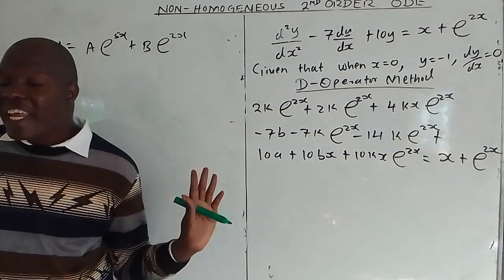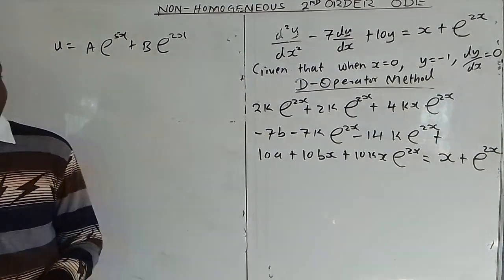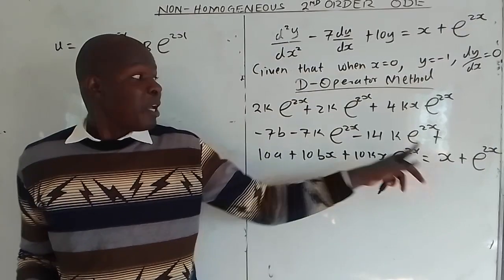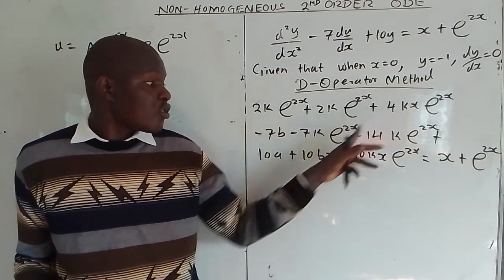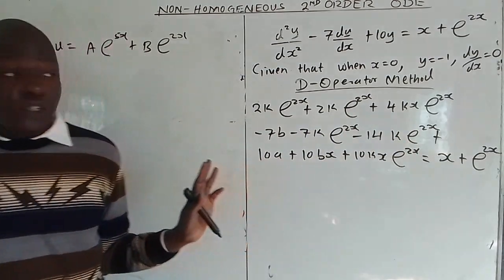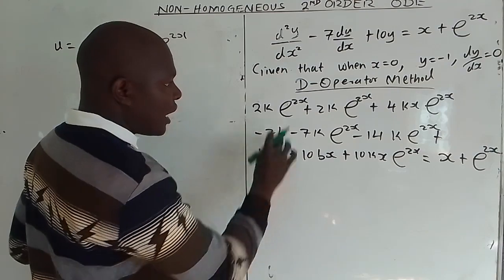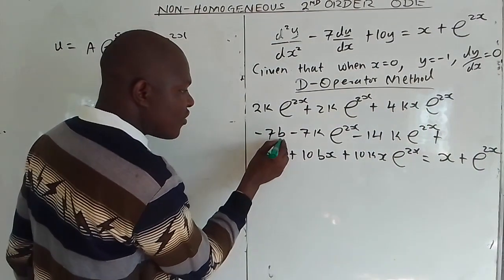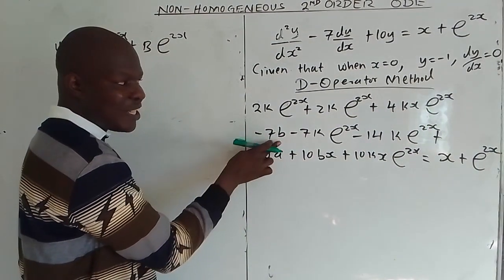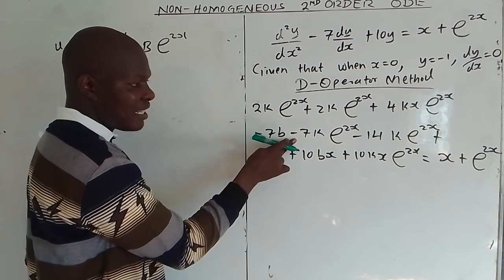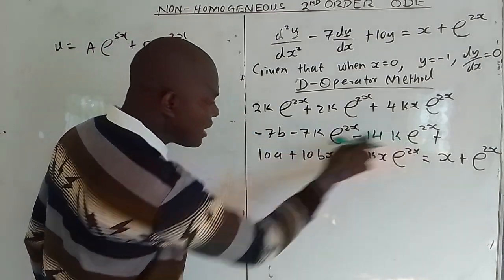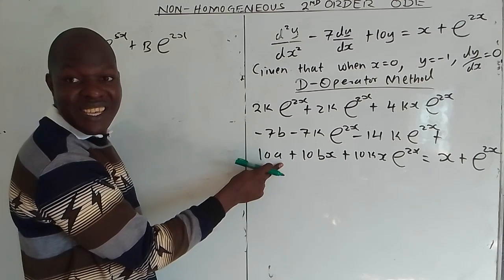You are only comparing the ones you can see. Are we together? This side we have x, meaning you only compare the coefficients of x. Are you seeing that? So look here. These are exponential. See, there's no x here. We don't need that. There's no x here. We don't need this, isn't it?